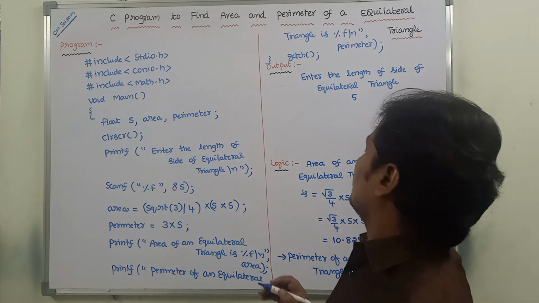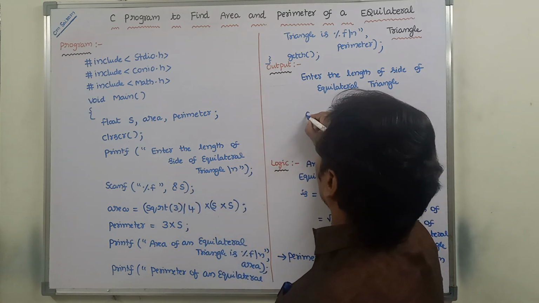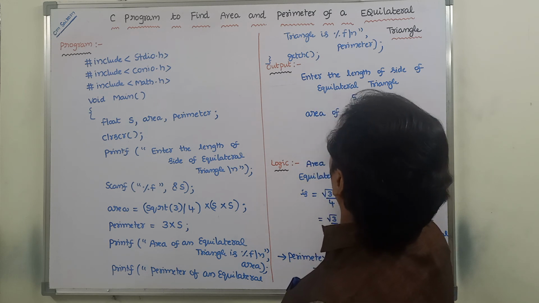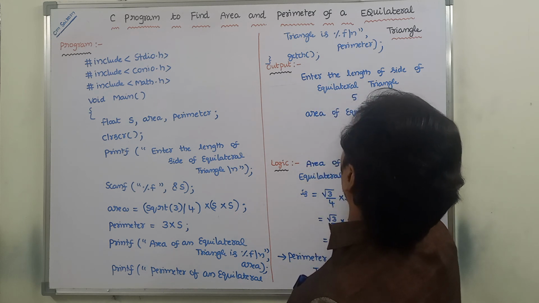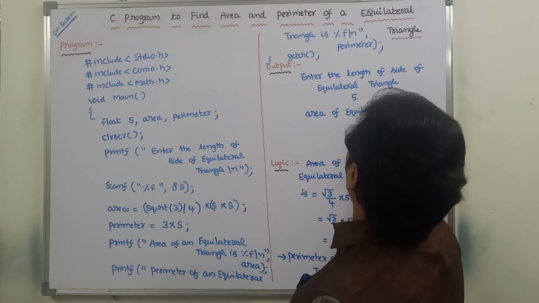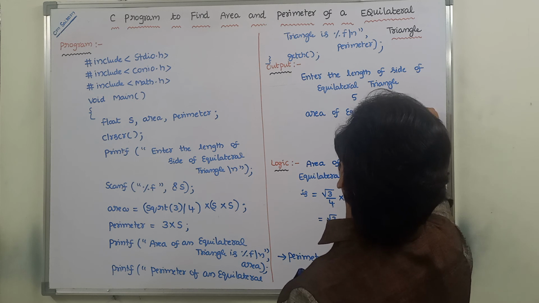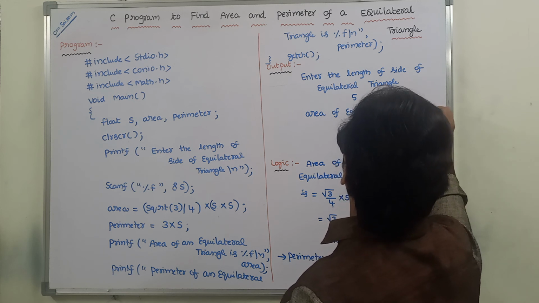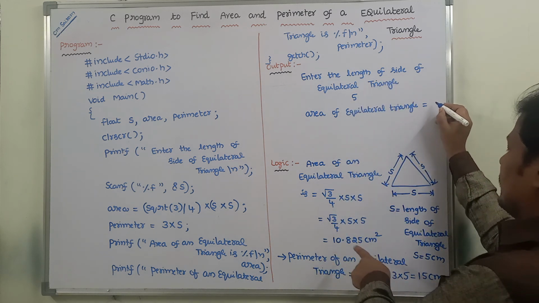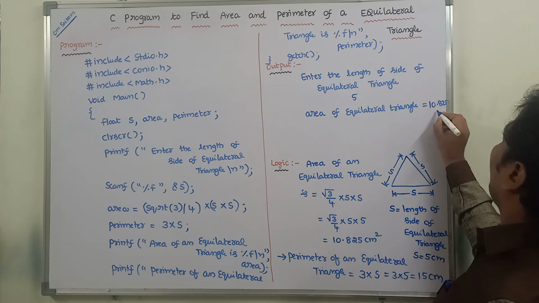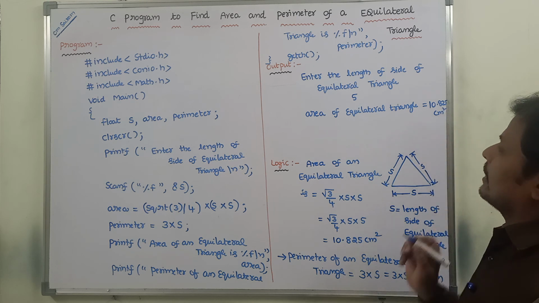After that we calculate the area. The area of the equilateral triangle is equal to 10.825 centimeter square.